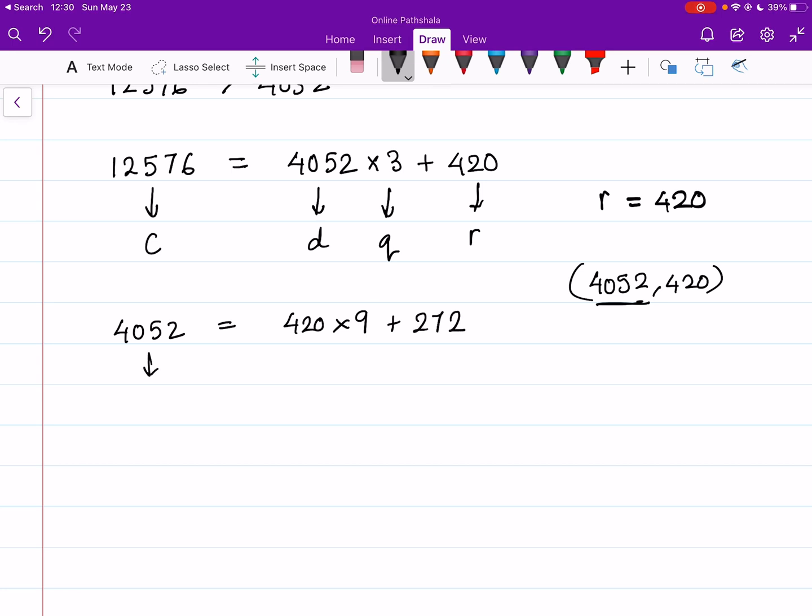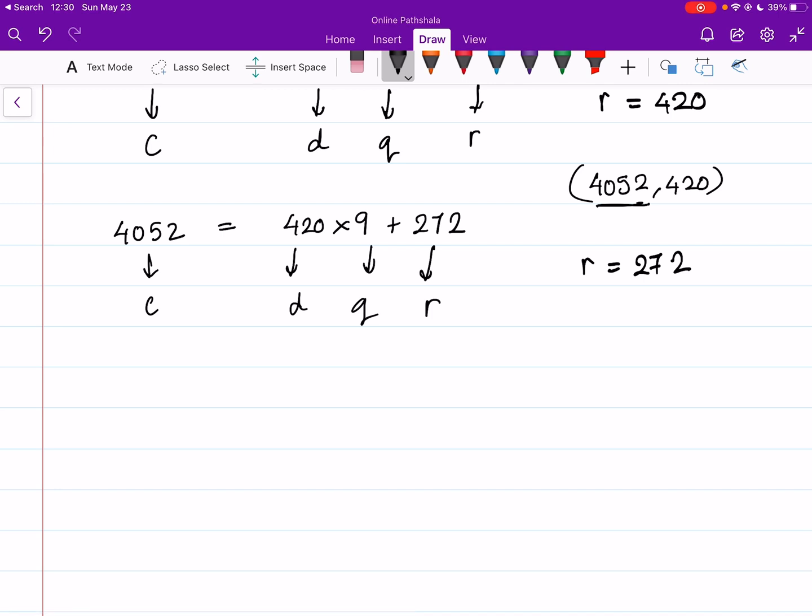This is our C, this is the number D, this is the number Q, and this is the number R. The remainder is 272, which is not equal to 0.